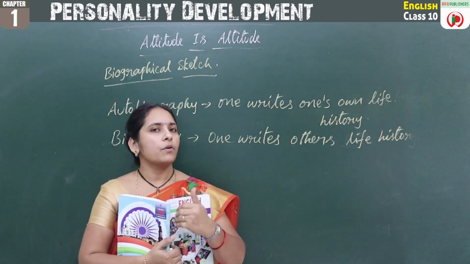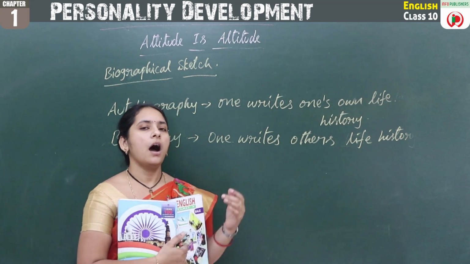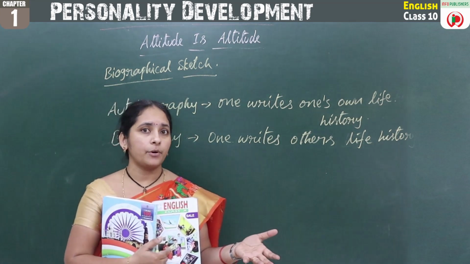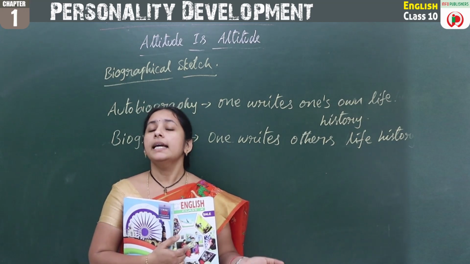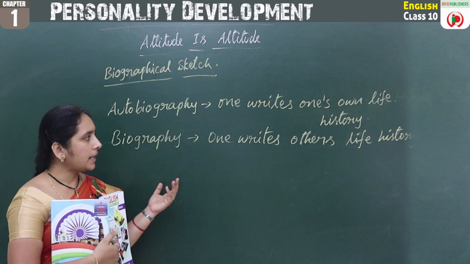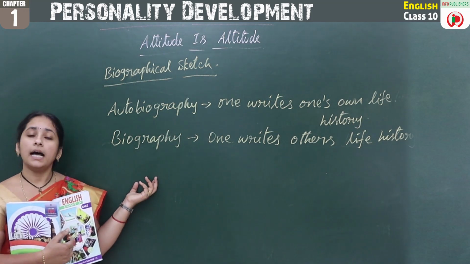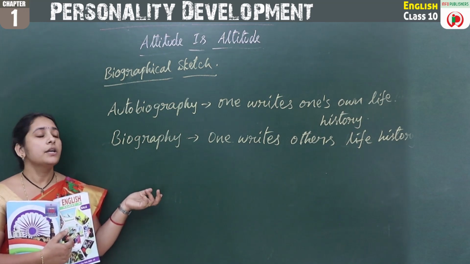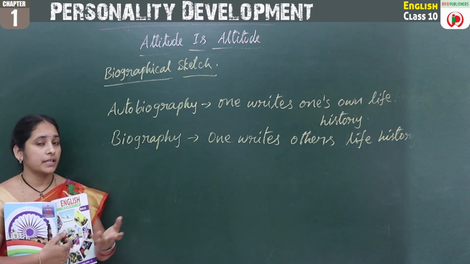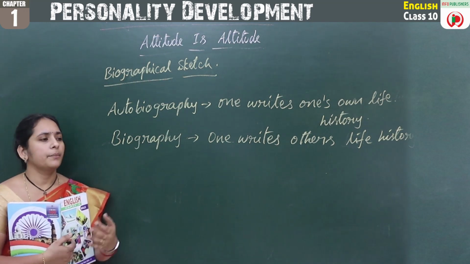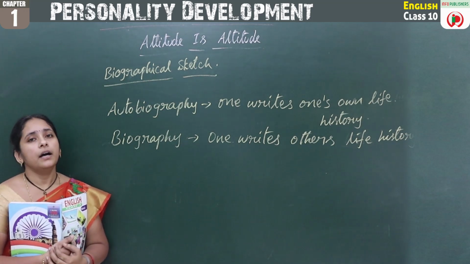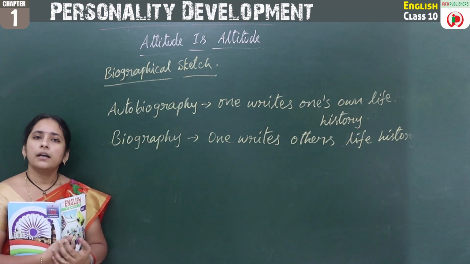If we write our own life history, it is called autobiography. Nehru has written about himself, that is autobiography. If we write about others' life history, we call it biography: a biographical sketch of Abraham Lincoln, Stephen Hawking, Sudha Chandran, or Helen Keller.